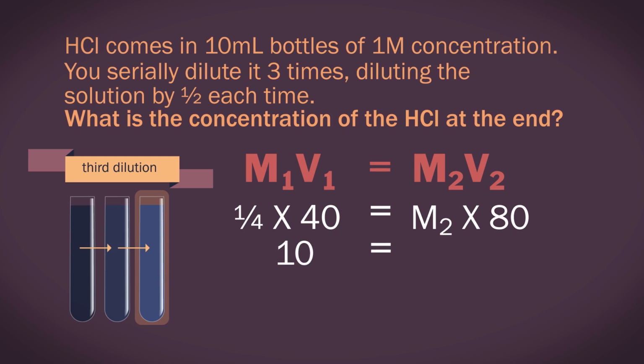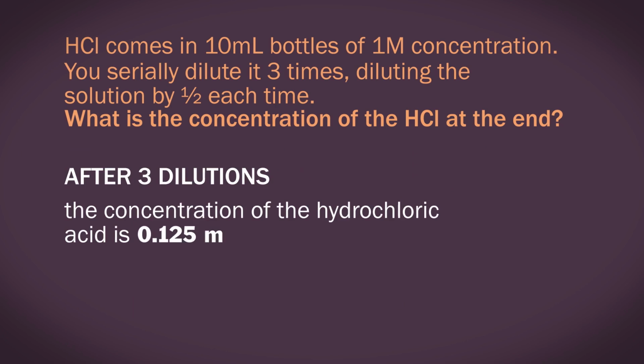So 10 equals 80 M2, and rearranging gives us M2 equals 1 over 8, which is 0.125 moles. So after 3 dilutions, the concentration of the hydrochloric acid is 0.125 moles.